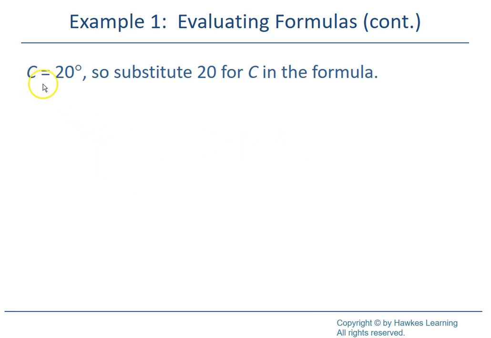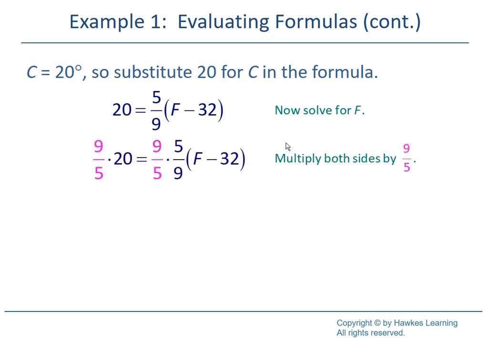So now we're going to substitute 20 into the formula. There we put the 20. And we want to solve for F. Well, they want to isolate the F on this side, so they're multiplying the fraction here by its reciprocal. So this just becomes a 1 on this side. And then when you take 5 into 20 is 4. 4 times 9 is 36.